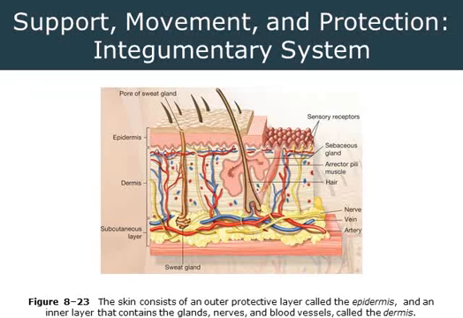The erector pili muscle, that's the muscle that gives you goosebumps. So when your body gets cold, the erector pili muscle raises it up, causes the goosebumps, and helps to make you look a little bigger in a sense, because it's supposed to make your hair stand up on end. So that's what's responsible for that.